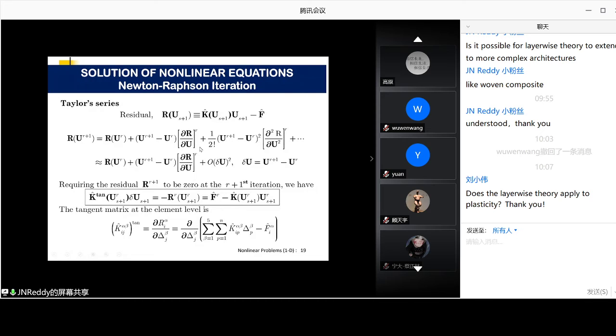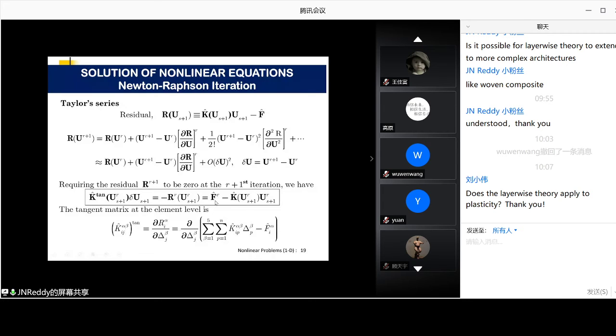So when we stop here, we force this to 0 because that's what we want. The residual has to be 0. So then this goes to the left side with a negative sign, and this becomes the tangent stiffness matrix. And this is the increment of the solution between the previous iteration and the current iteration, which I call delta U. So we are solving K tangent times delta U equals minus residual.